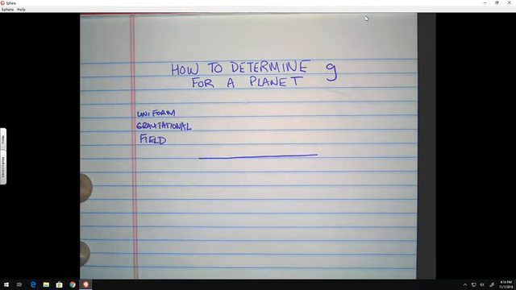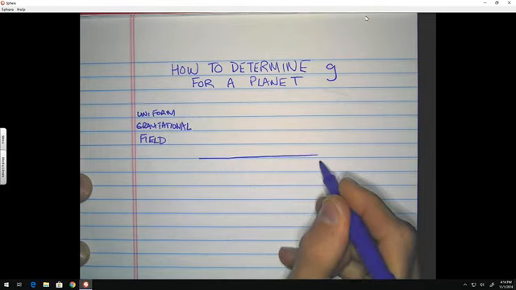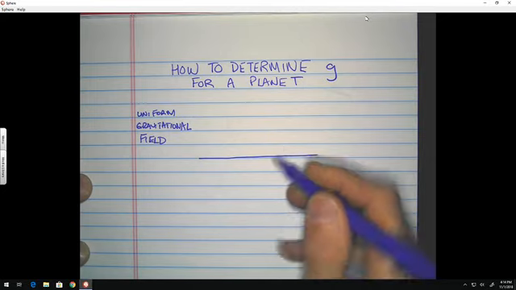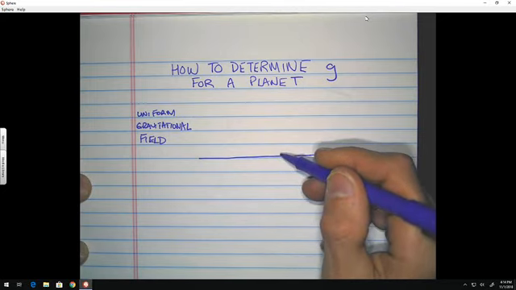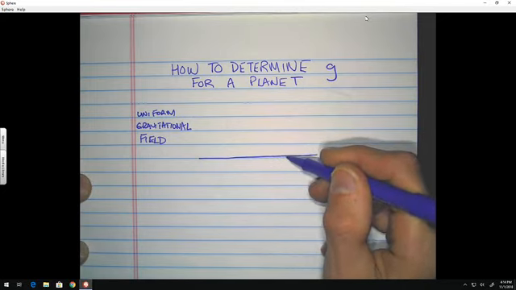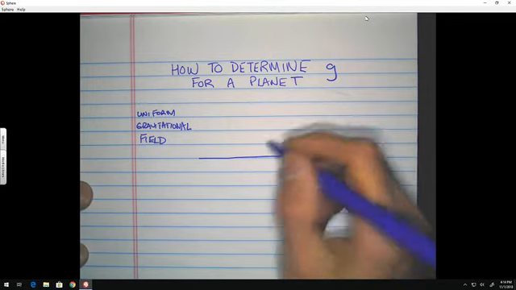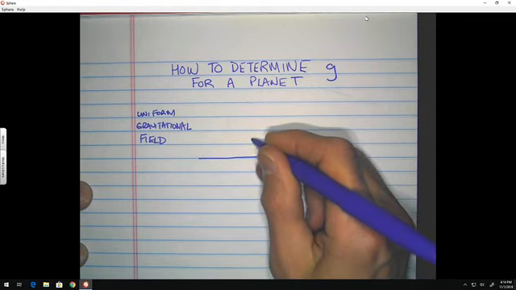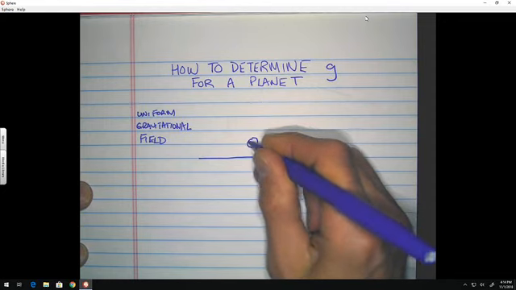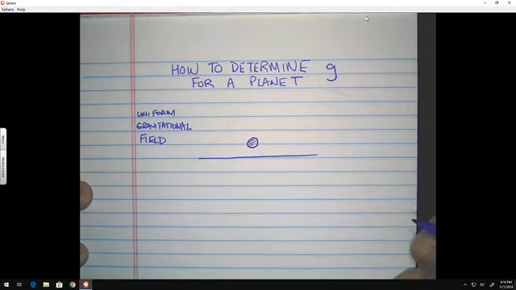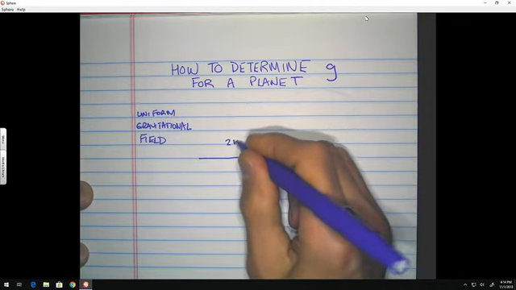What I mean by that is that if this is the ground here, I'm not going to talk about going to extreme heights above the ground. We're just going to stay close to the surface of the Earth. Okay. So let's say that I have a ball here that's pretty close to the ground, and let's say that that ball has a mass of 2 kgs.